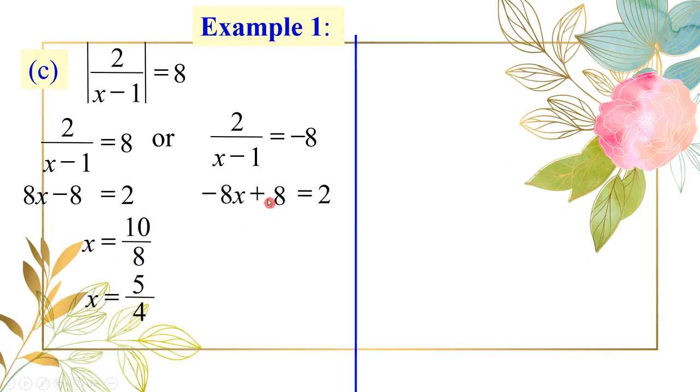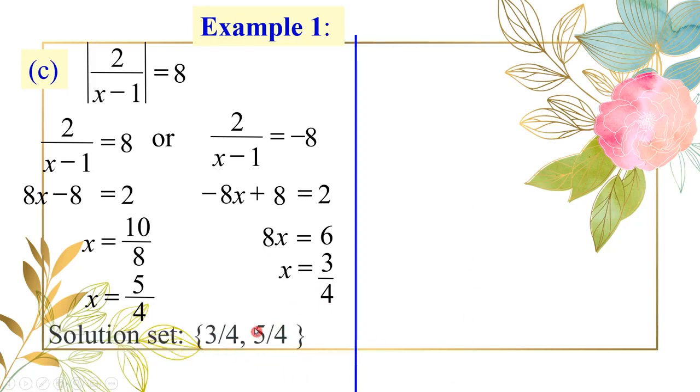For the second part on the right, as usual, we bring the denominator to the right, so becoming negative 8x plus 8 equals 2. And then we bring 2 to the left, 8 minus 2, becoming 6. And then x equals 6 over 8 gives us 3 over 4.